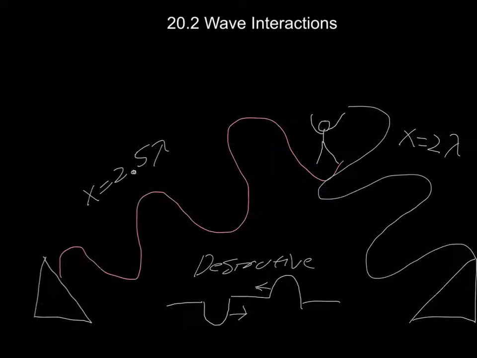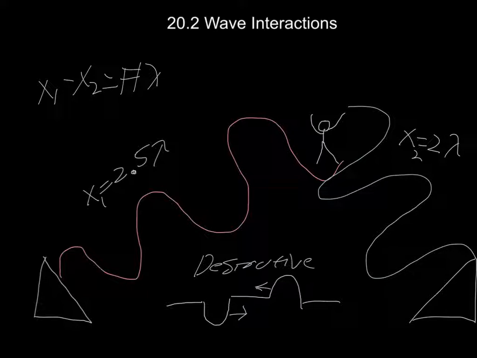There's an easier way to do it than drawing out these pictures and seeing where one is positive and one is negative. What you can do is just find the difference in the lengths between the speaker and the observer. So let's go ahead and label this x1 and x2. If we take x1 minus x2, this is going to give us some number of wavelengths.